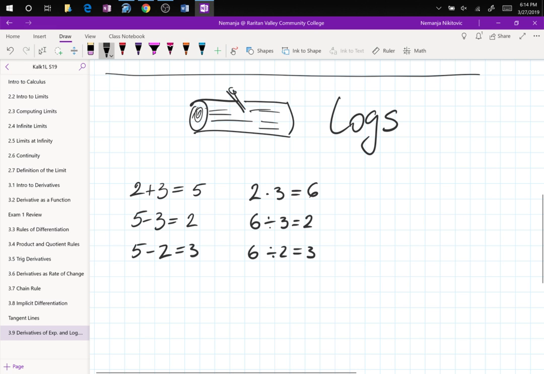Now we have exponents. So 2 cubed is 8, and the cube root of 8 is 2. How do I get 3? Because we were able to get these 2's and 3's, how do I get 3 back?